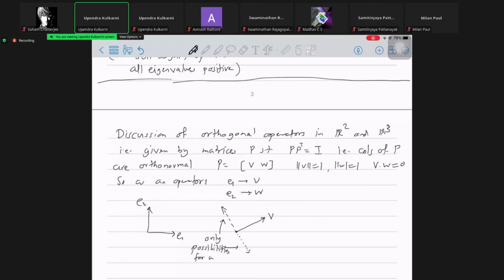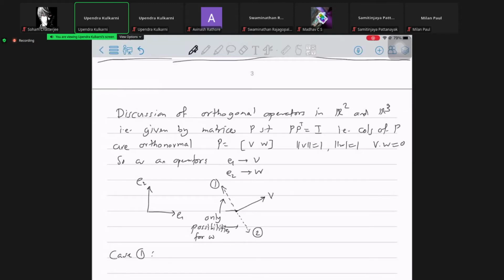So in case 1, what do we have? Let's just draw the x-axis over here, and the y-axis also. In case 1, what does the matrix P have to be? What is this vector V? V is exactly equal to (cos theta, sin theta), where theta is this angle. It's a unit vector, right? So that's what the vector has to be. So we have cos theta, sin theta.